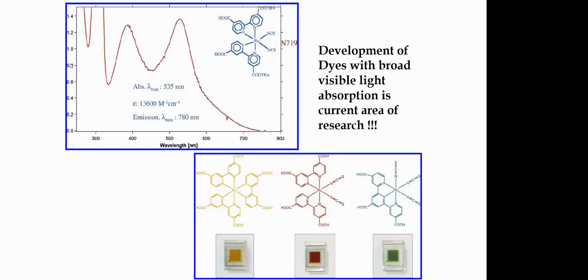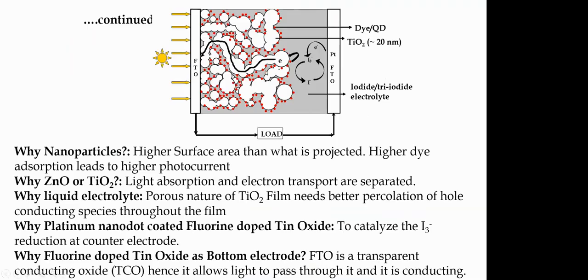Why liquid electrolyte? Because the electrolyte should be in contact with the dye molecule for efficient hole recombination. So in that case, you need to take care of filling everywhere. A liquid electrolyte can penetrate everywhere and come in contact. And it is electrically insulating. That is again important.